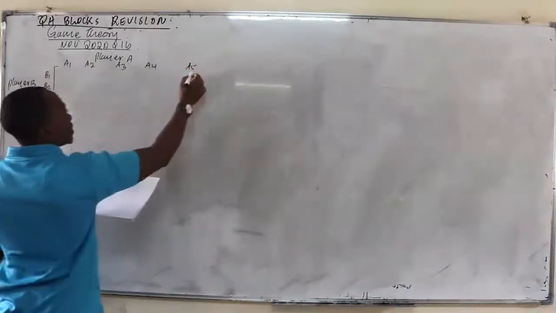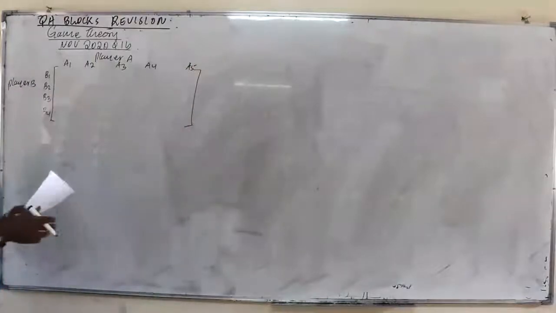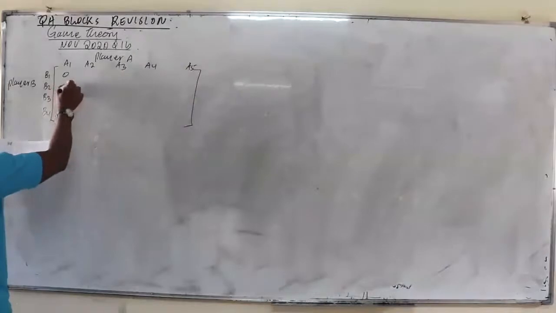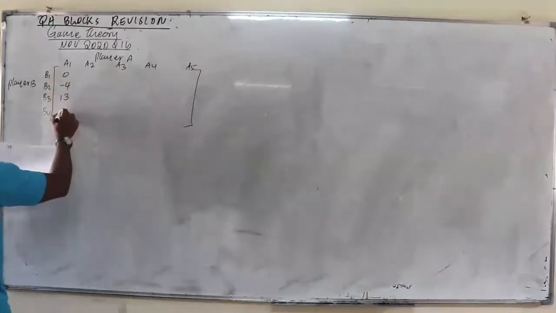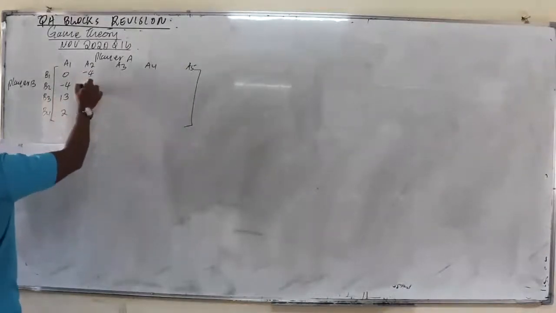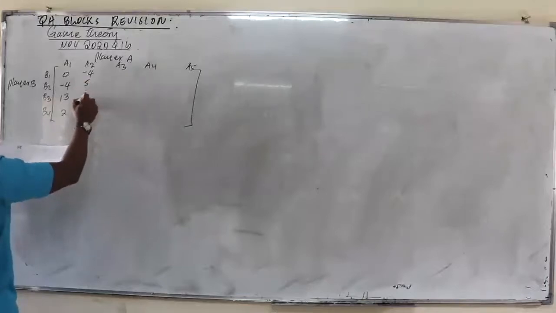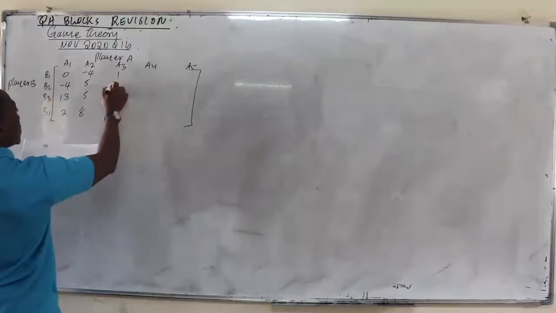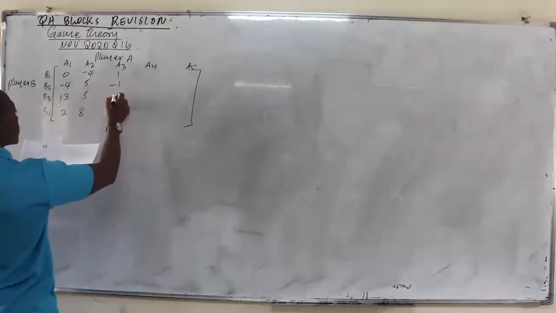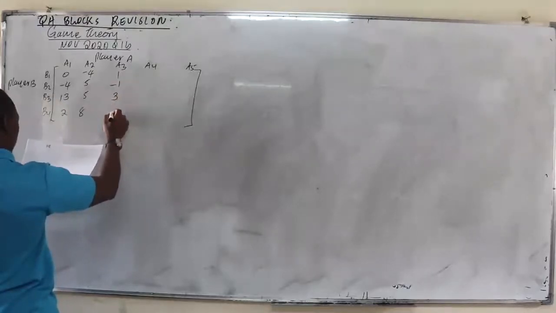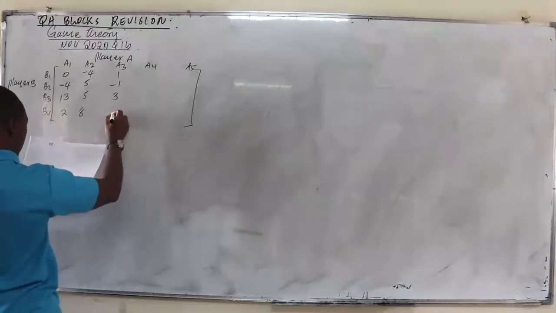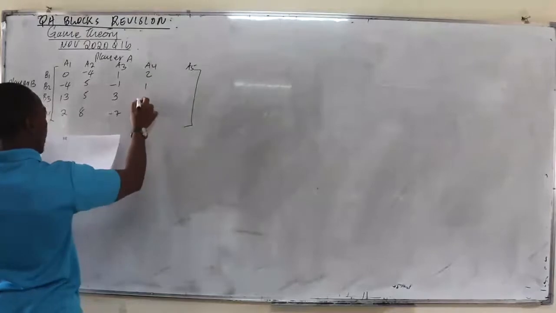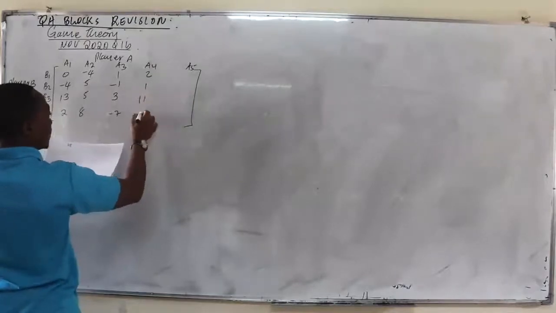Hope you recall the steps we follow in the procedure of solving a game question. We have 2, 1, 11, -1.